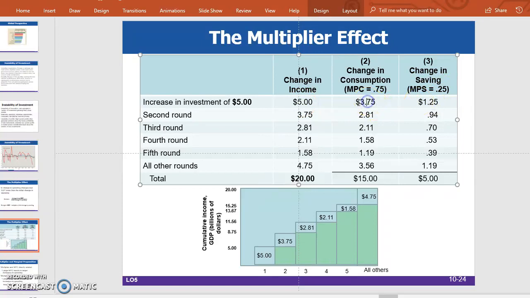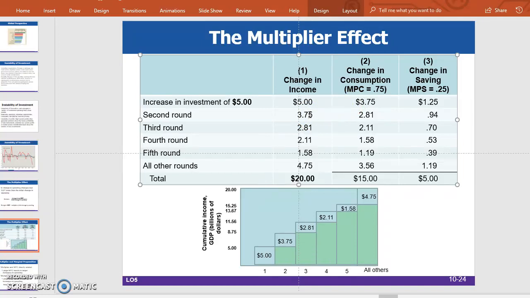Now this 3.75 that is consumed becomes income for the producers of the goods and services on which it was spent, right? So this becomes income in the second round.